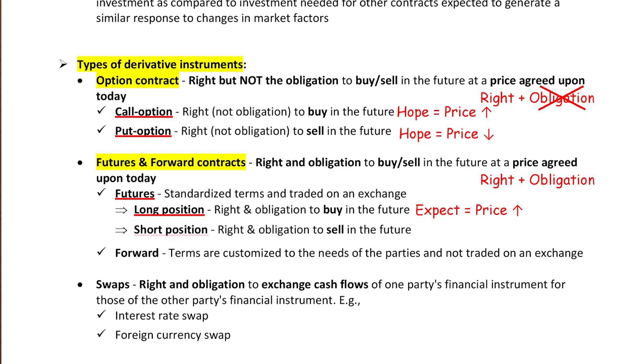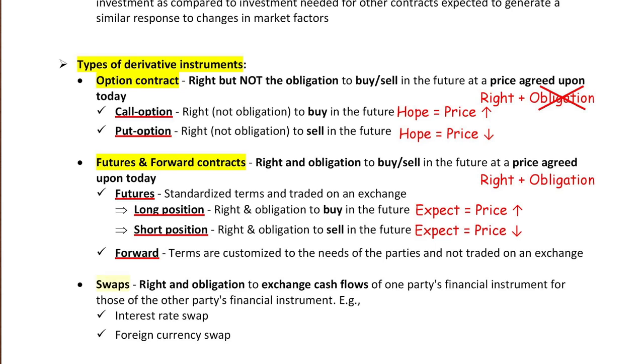Underline short position, write expect equals price would go down. Underline forward. So futures have standardized terms and traded on an exchange. Forward, they are customized as per the need of the parties.